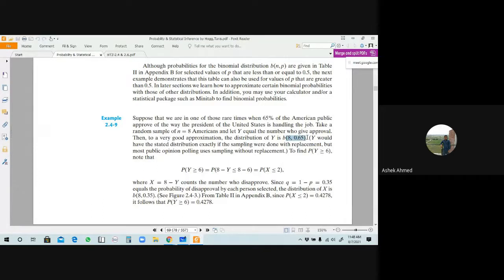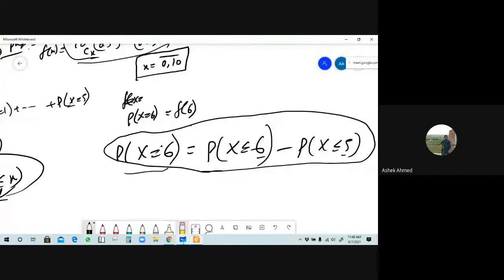Is it right? So y represents here the number of people who approve this opinion, which is that 65% of the American public approve the way the President of the United States is handling the job. So the binomial distribution of y will be b of 8, 0.65.